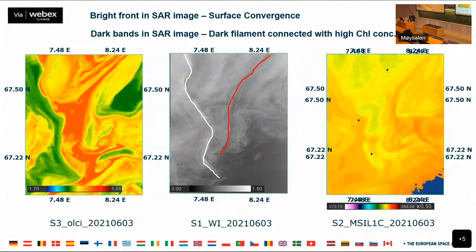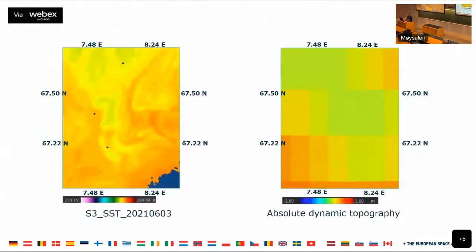And it's not a surprise that we've seen this before, but it's always hard to say, well, it could be a diverging front. It could be water that separates, and suddenly that creates an area with very low surface roughness because the wind hasn't been able to act fully on it yet. But these things are the challenges that we need to continue to explore from this synergy point of view.